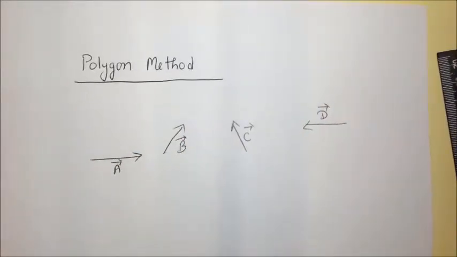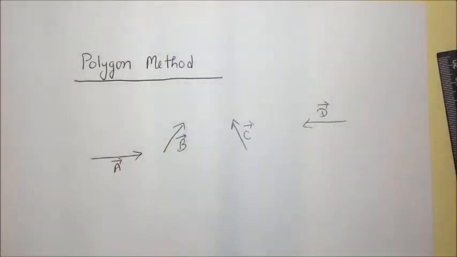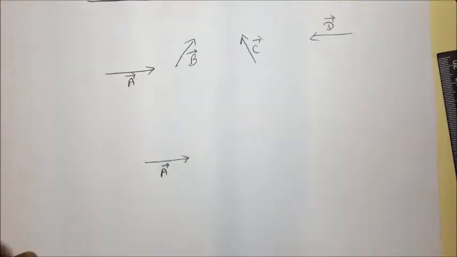How do we do this? We will draw all vectors. First we will draw vector A exactly the same way.